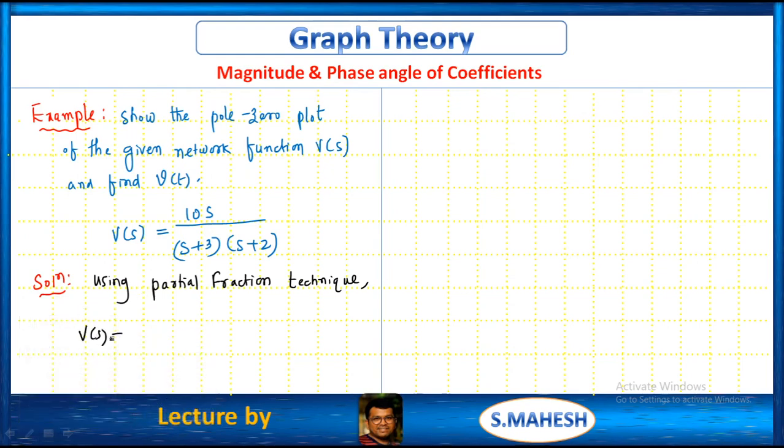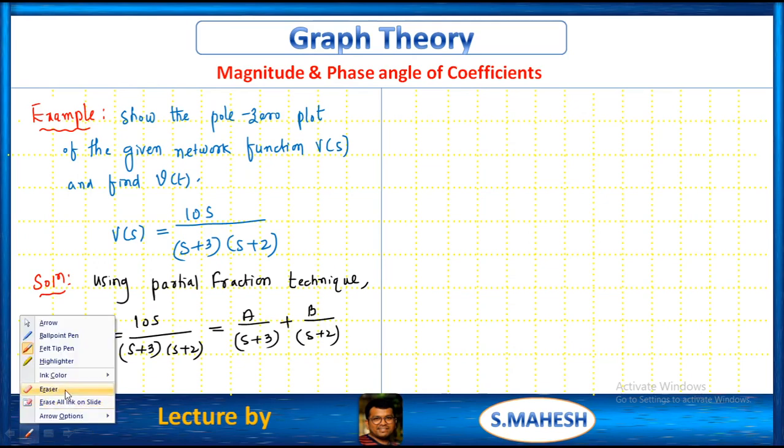V of s is 10s by (s plus 3) into (s plus 2), so from this we can write A by s plus 3 plus B by s plus 2.